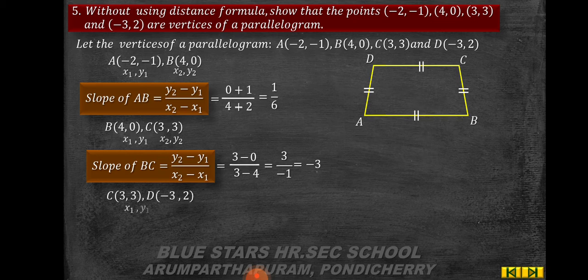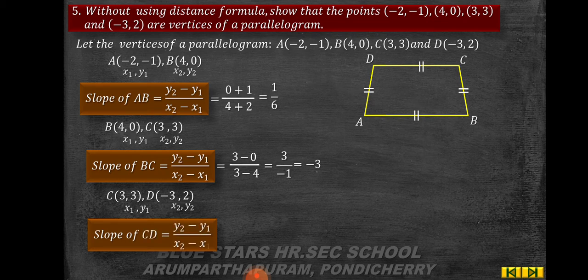Then we are taking the points C and D. So slope of CD is equal to y2 - y1 divided by x2 - x1, which is equal to y2 value is 2 minus y1 value is 3, divided by x2 value is -3 minus x1 value is 3, which is equal to 2 - 3 is -1 divided by -6, which is equal to 1/6.